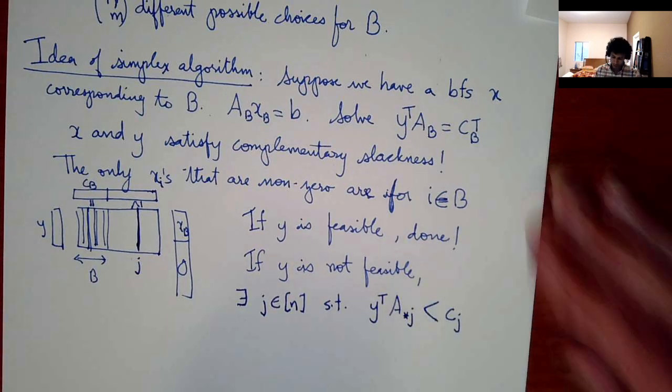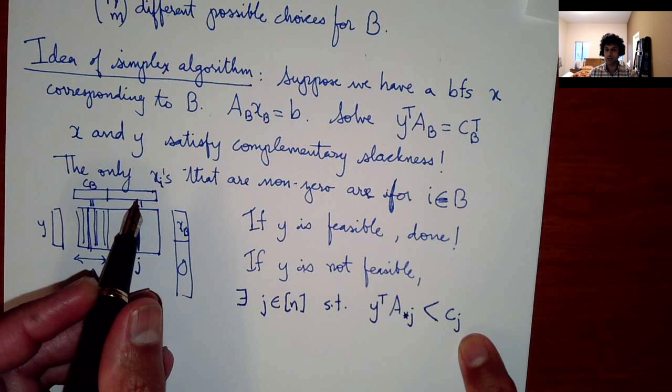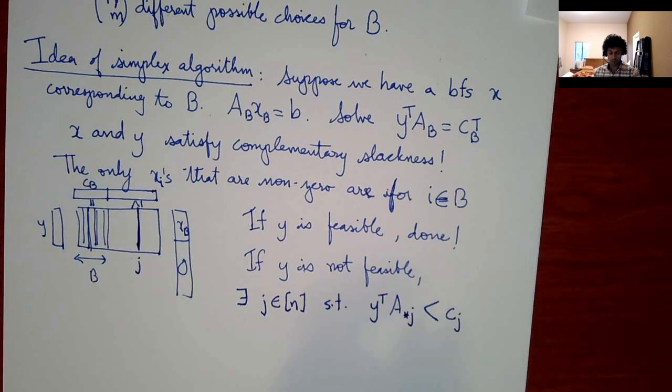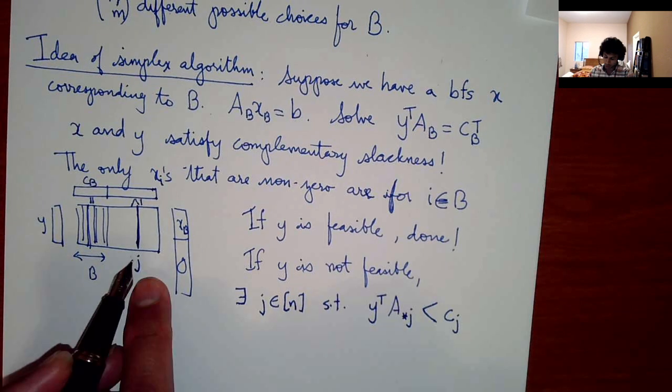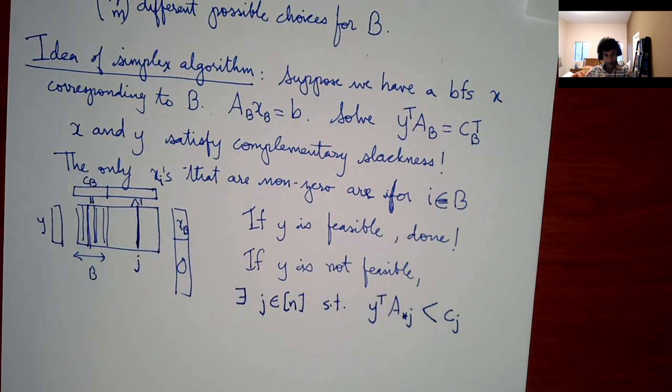So in some sense you have found a coordinate in the objective which is really large, which means that we would like to increase x on this coordinate. Right now x on that coordinate is 0. So we want to increase the value of x on that coordinate and correspondingly decrease the value of x on the remaining coordinates, so that we can maintain feasibility.